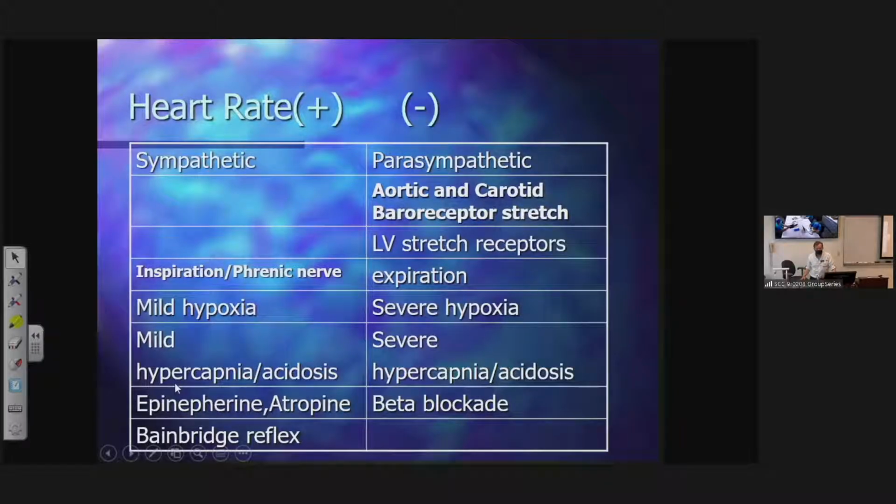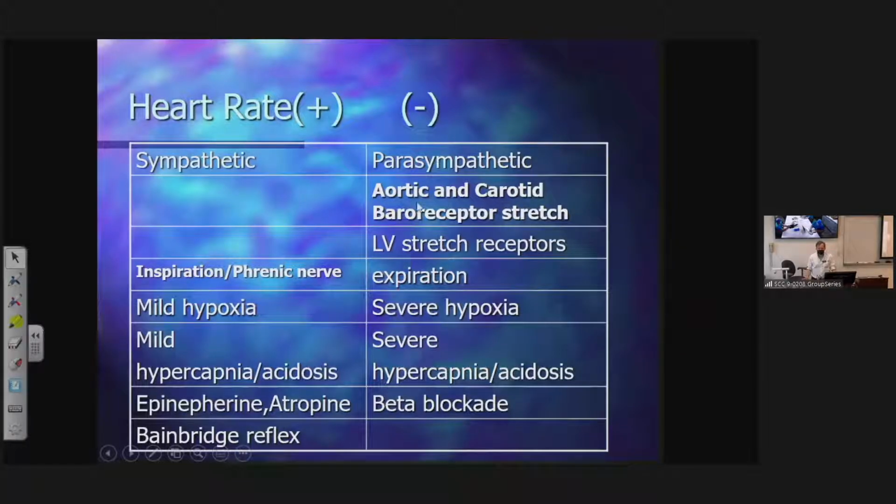If you have mildly elevated CO2, which is called hypercapnia or acidosis, that would make your heart rate go up. If I gave you a drug called epinephrine, that would make your heart rate go up because it directly stimulates the sympathetic. If I gave you a drug called atropine, it basically cuts the brakes, vagolytic, that makes your heart rate go up. And then the Bainbridge reflex, which is that heart rate stretch thing, that makes your heart rate go up. So those are all things that make it go up.